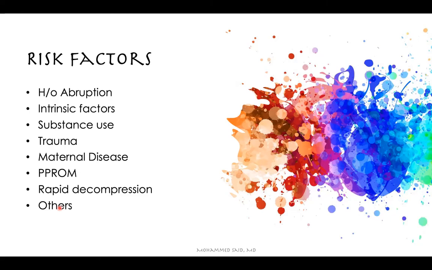Some placental factors, like an abnormal placenta, the circumvallate placenta for example, or chronic placental ischemia, like with preeclampsia and fetal growth restriction. Some fetal factors, like an isolated single umbilical artery, or some major fetal congenital malformations, can also predispose to abruption.